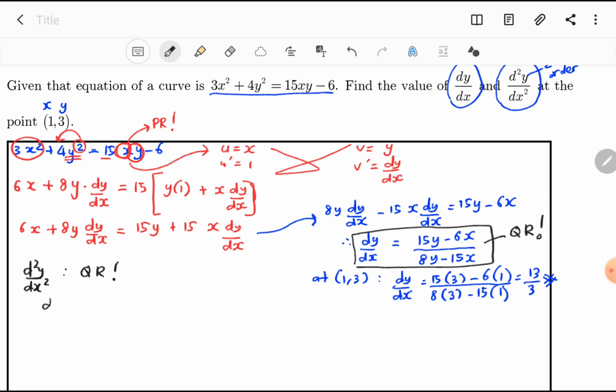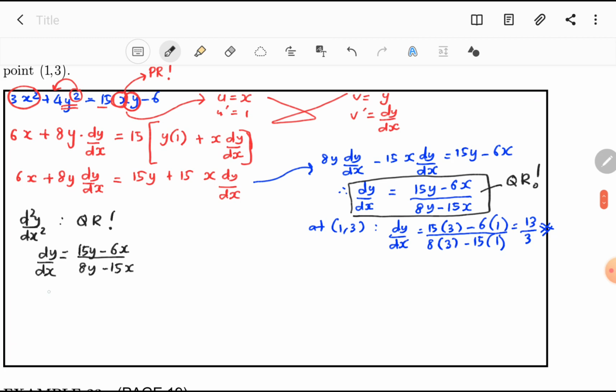We have dy dx equals 15y minus 6x over 8y minus 15x. So from here, u is 15y minus 6x and v is 8y minus 15x. u prime equals 15 dy dx minus 6 and v prime equals 8 dy dx minus 15.